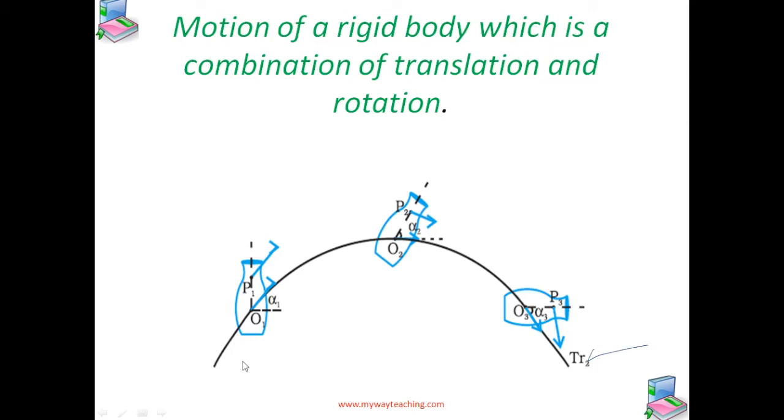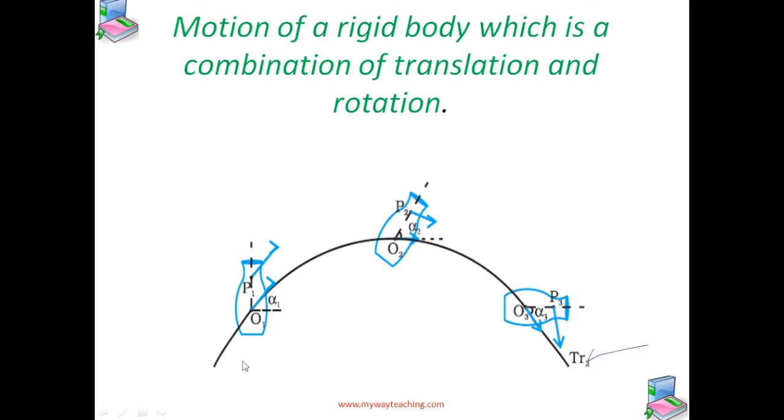So here these two are the examples, one for pure translational motion and the second one a combination of translational as well as rotational motion. But these figures show the motion of the same body along an identical translational trajectory, isn't it? We have considered a single translational trajectory.